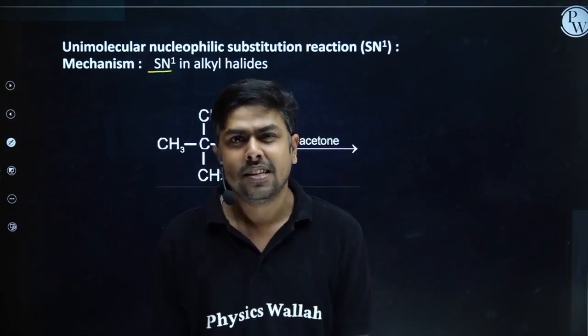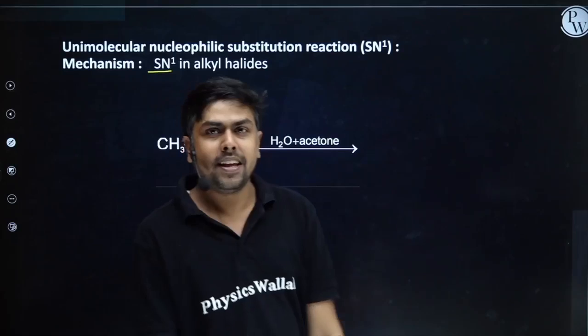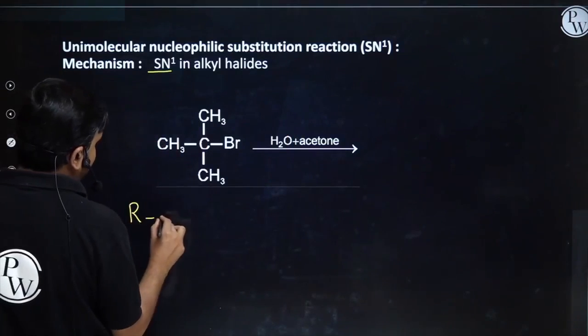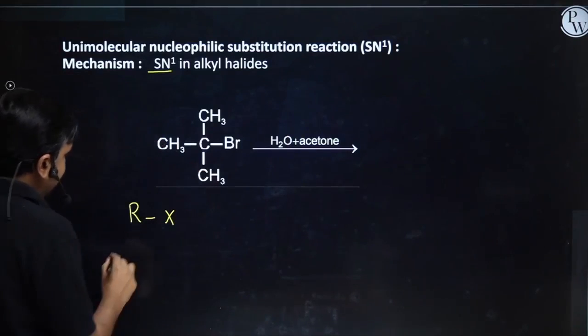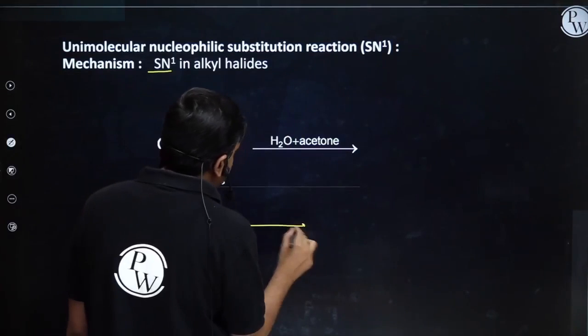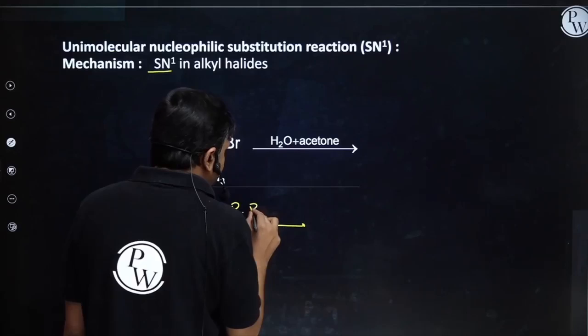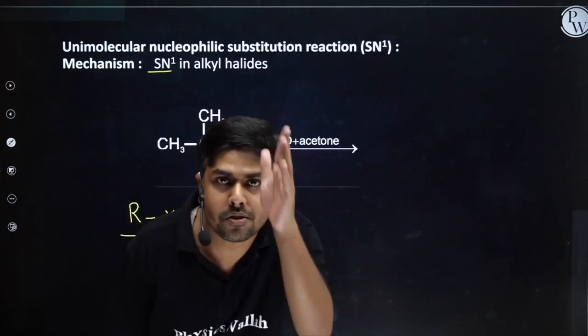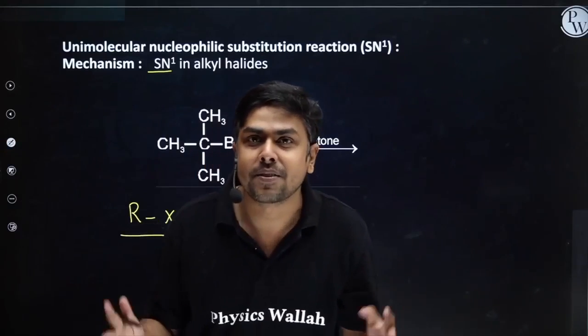Substitution reaction. Student, basically if I talk about this particular reaction, I'm having my substrate alkyl halide. This alkyl halide is treated with a polar protic solvent. In the presence of this polar protic solvent, first the substrate will get ionized.